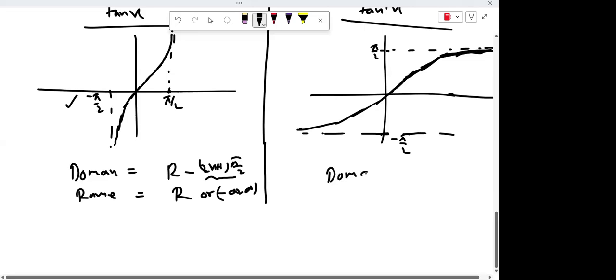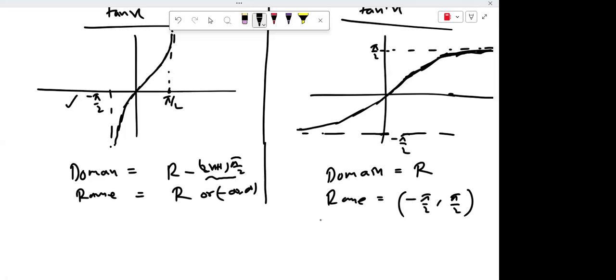The domain is R because in tan x, the range was R. The range here is restricted, which is minus pi by 2 to pi by 2, but both are not included, because if you include them, it becomes infinite. Please remember this: for tan inverse x, minus pi by 2 and pi by 2 are not included.